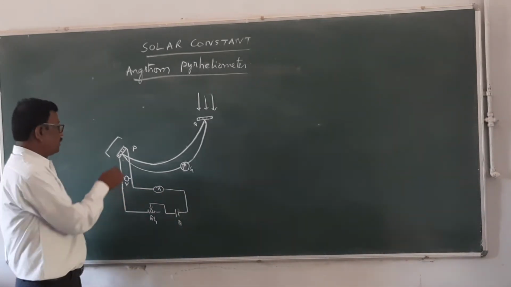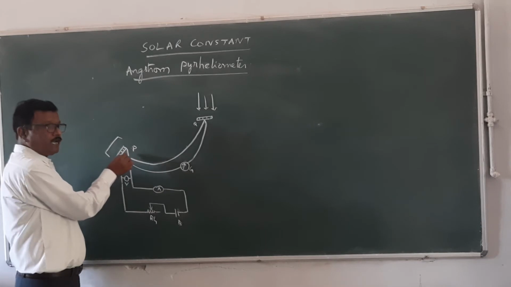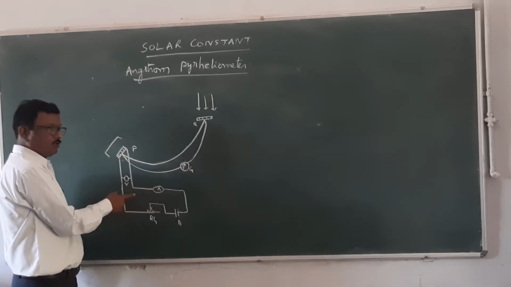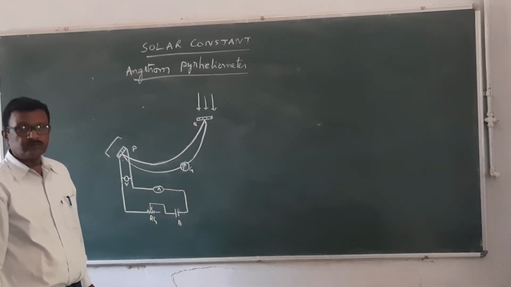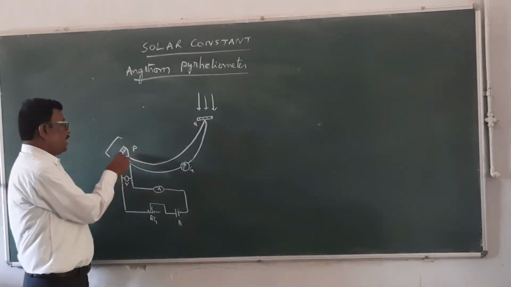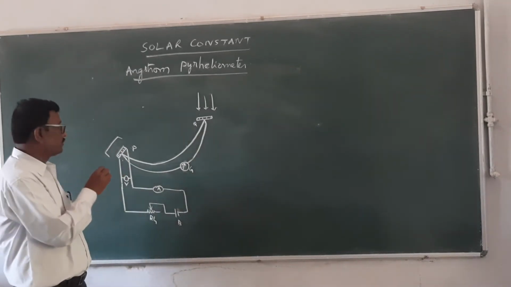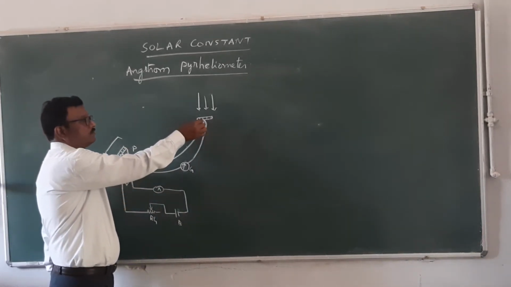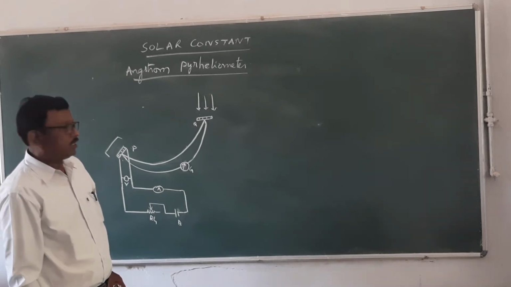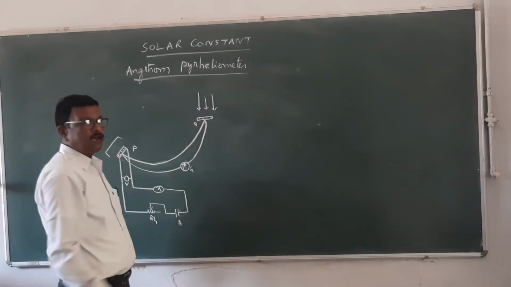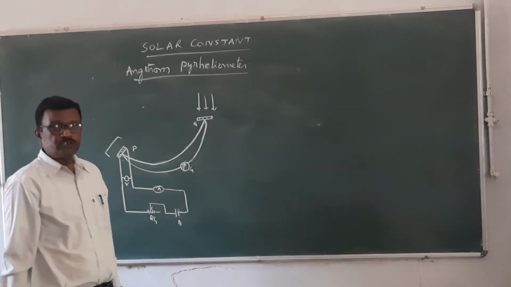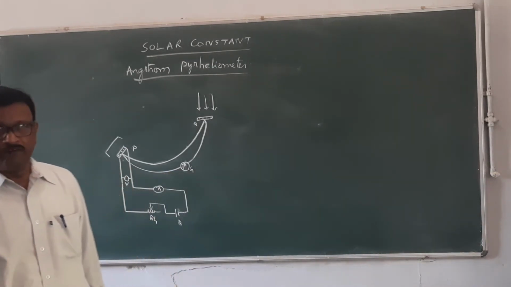Then the junction P is also heated slowly by passing current through the circuit. At a particular stage, when the temperature of the foil P becomes equal to that of the foil Q, the galvanometer will show null deflection, zero deflection.